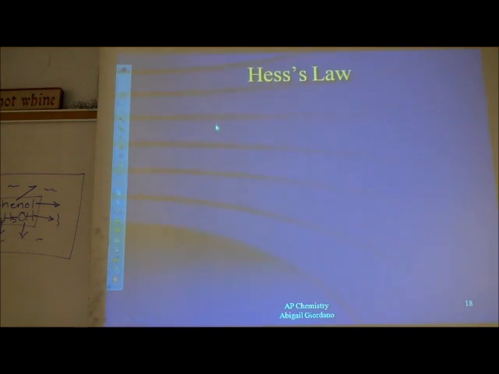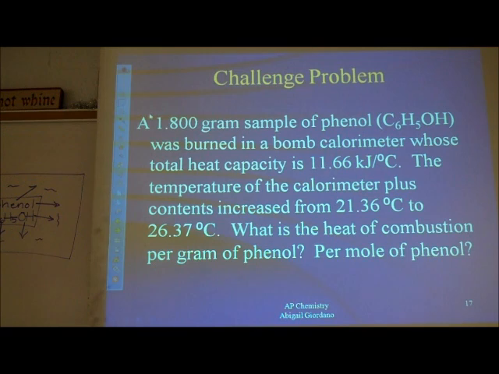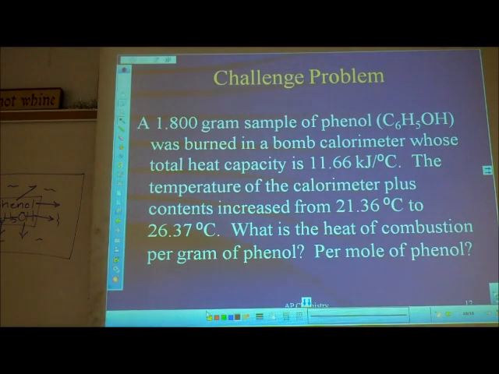So, if I've got two components to a system, I'm going to set them equal but opposite in sign. The heat from the phenol reaction will be equal but opposite in sign to what's happening to the calorimeter, I'll call it Q-cal.